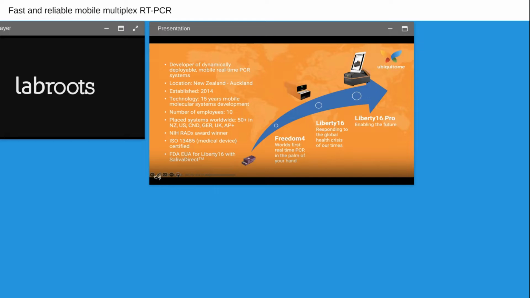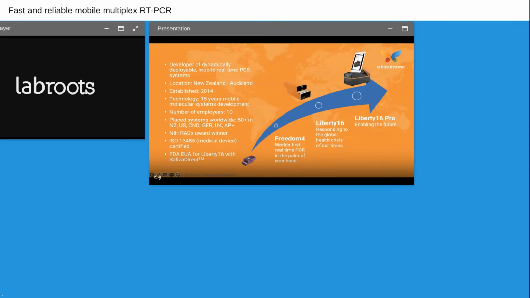So just to kick things off, I thought it would be a good idea to take each and every one of you down memory lane to tell you all about where we originally started and where we are now, and what has happened along that particular journey. We initially released the Freedom 4, which is a 4-well single channel configuration for a qPCR device, which progressed to the Liberty 16, which is a 16-well, still single-channel qPCR device.